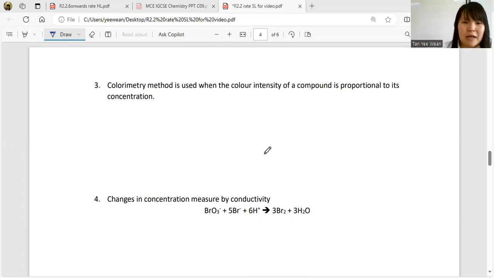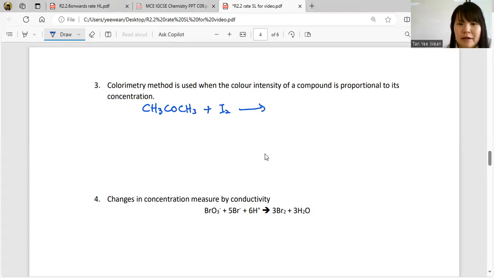Okay, so it has to be a reaction whereby there is color to be seen. So same goes, if you want to do an IA using our instrument in the lab, you will need something that has visible light, as in there's color. Okay, so I'll give you an example here. Propanone is something that has no color. It's an organic compound. And then iodine, you know what's iodine's color, right?